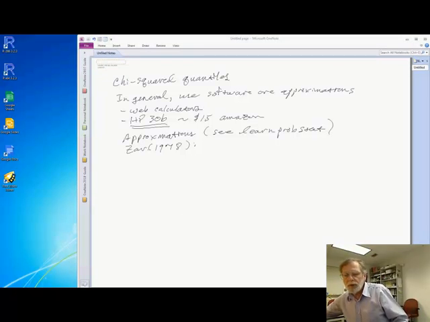I'll move this over to the other screen so it doesn't get in the way.